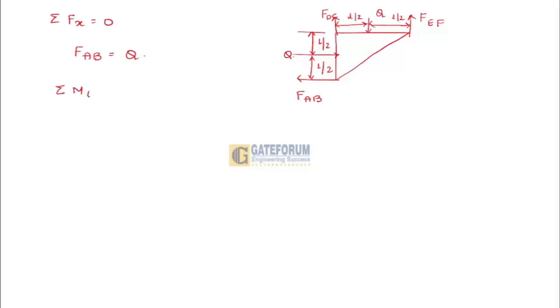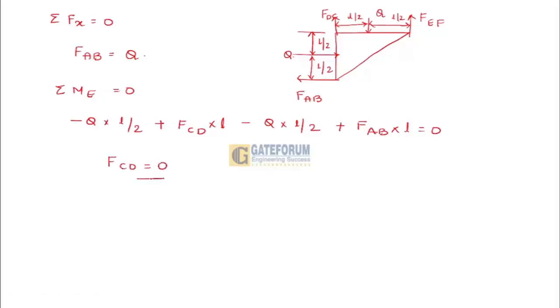When I take moment about E and equate it to 0, force into perpendicular distance. So what happens? Minus Q into L by 2 plus FCD into L by 2 plus L by 2 is L, minus Q into L by 2 plus FAB into L, which shall be equal to 0. But we know that FAB is equal to Q. Now FCD will be equal to 0.